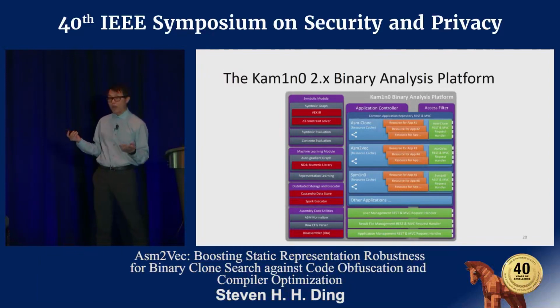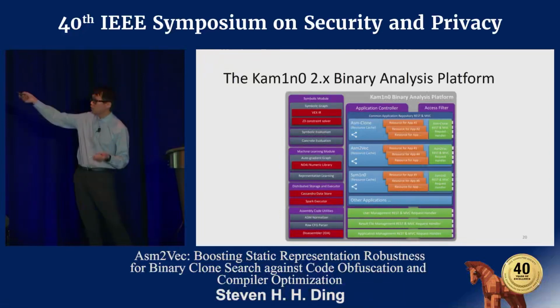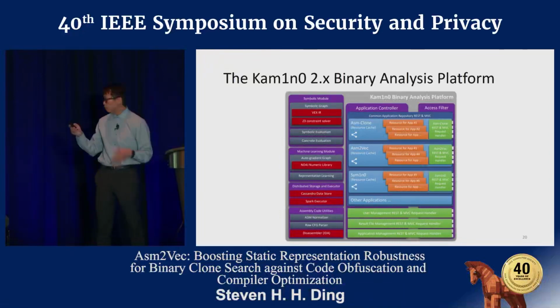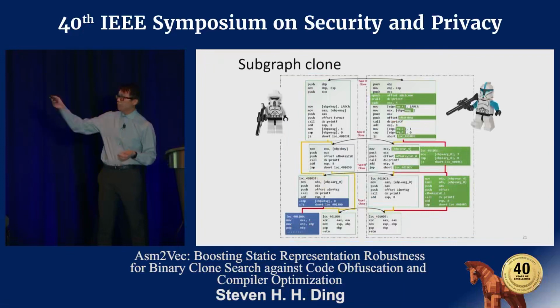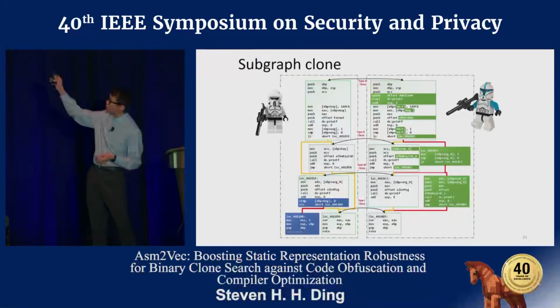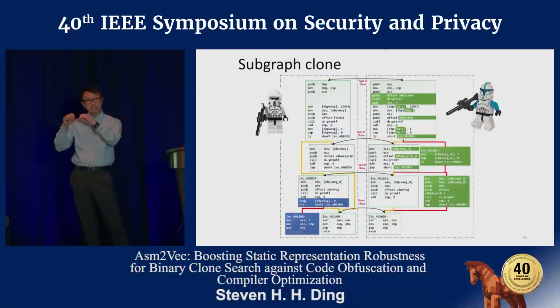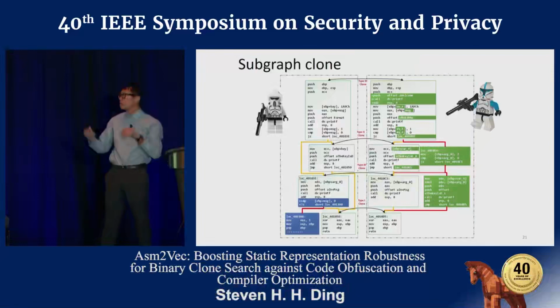Besides Asm2Vec, which focuses on optimization and obfuscation, we also have ASM clone, which is the typical subgraph clone search approach: given the query and a target, we can identify the cloned subgraph. It really shows the reverse engineer which part of the function is a clone of another function.